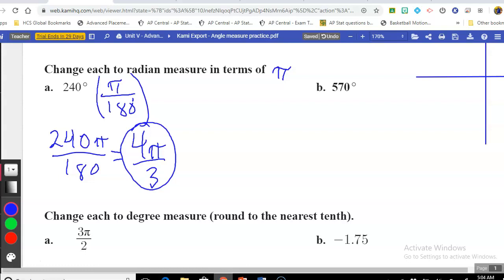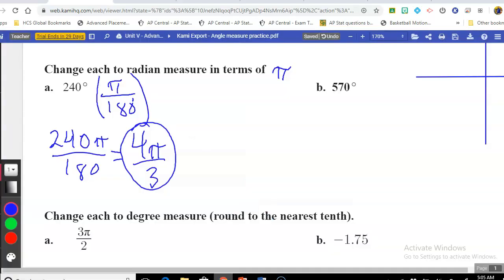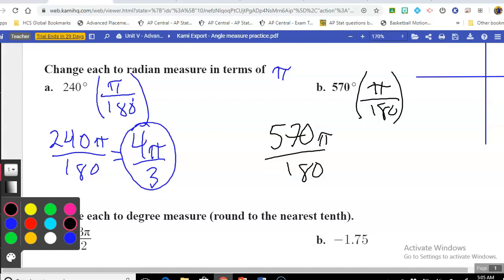Okay, in our next problem, we'll take 570 degrees and get it in radian form. We multiply by pi over 180, so we have 570 pi divided by 180.